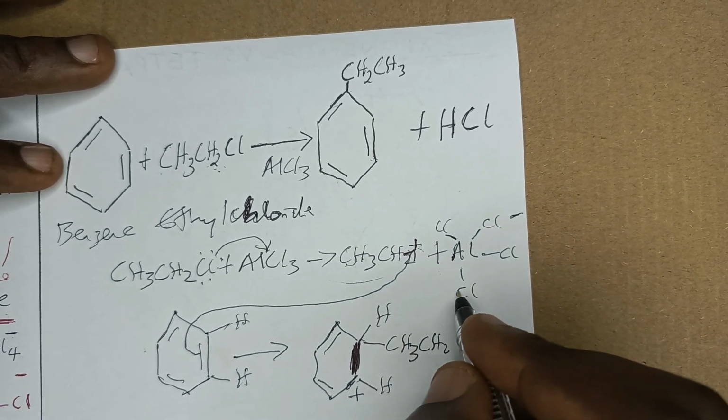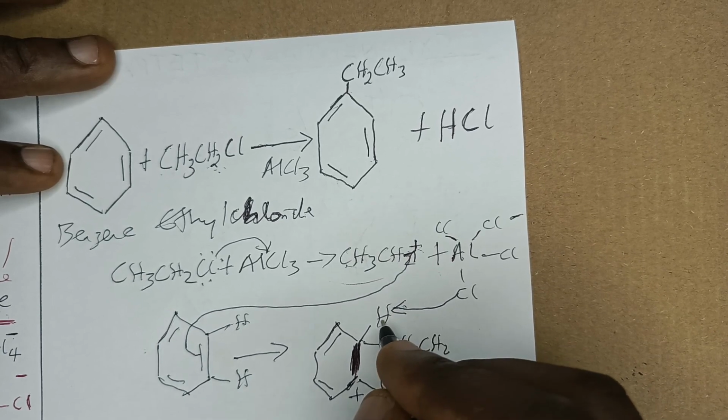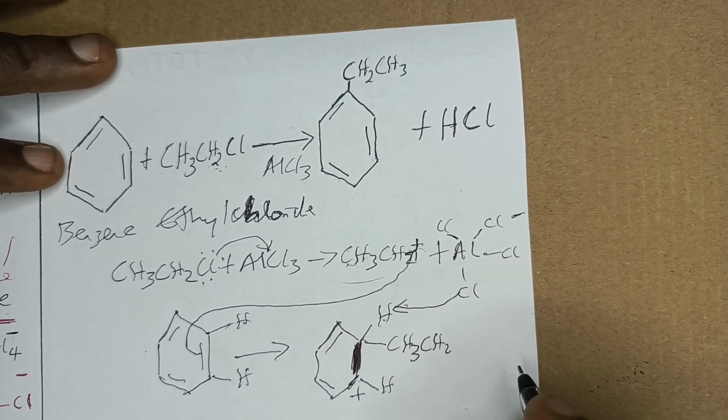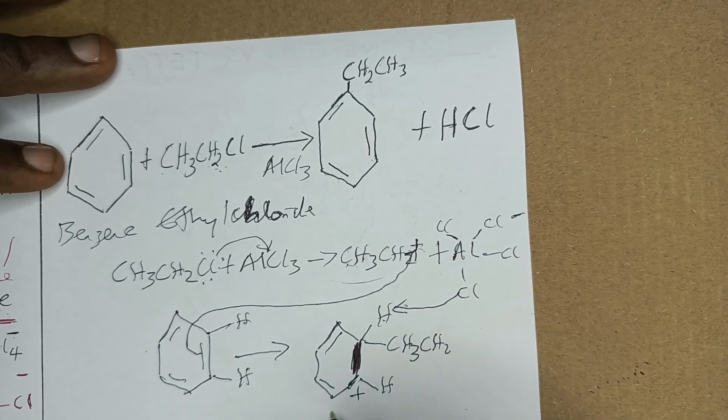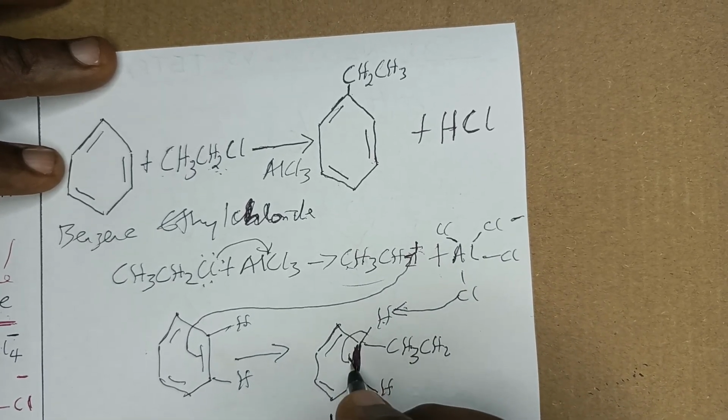Now one of the chlorines comes back as usual to attack this hydrogen to form HCl, because HCl is always the byproduct. Once it attacks, this one comes here to become the pi bond again.